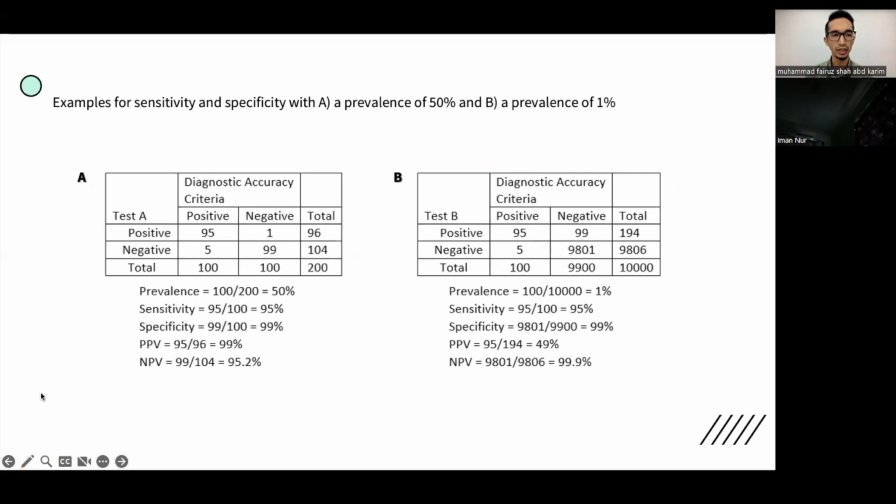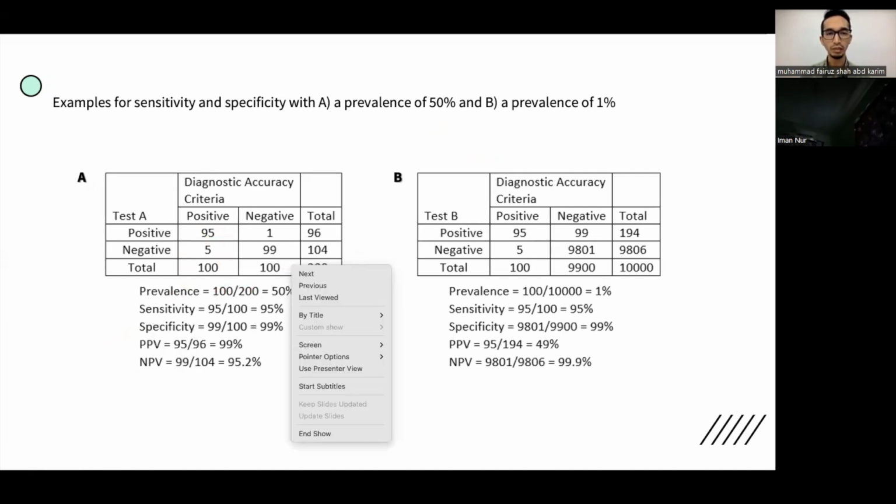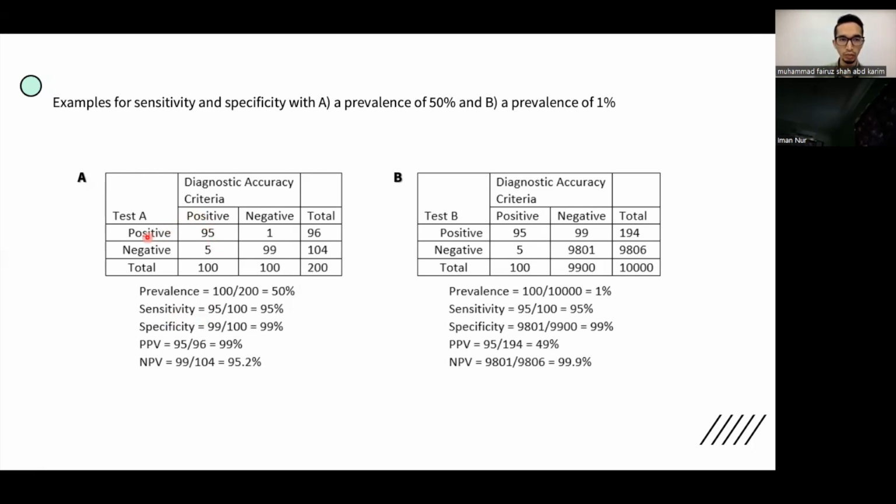The prevalence is the total number of patients who have the disease divided by the total population. After that, let's look at the sensitivity. Again, we're talking about those who have the disease and tested with a positive result, among those who do have the disease.